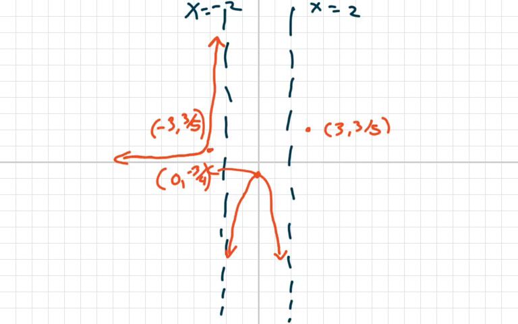And it kind of goes like this. None of this crosses. We had a horizontal asymptote at y equals 0, I believe, so it doesn't cross our horizontal asymptote. And that's all.